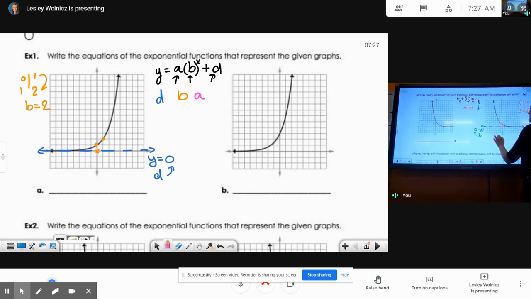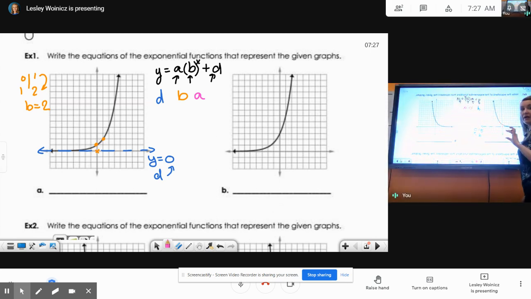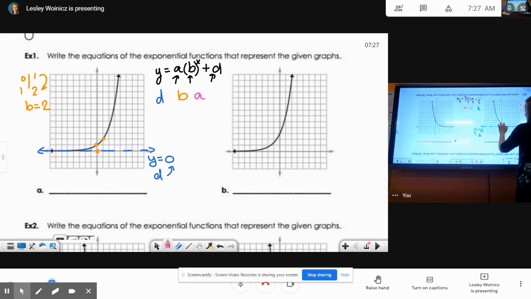Okay, last thing we need is the a value. The a value comes from our y-intercept. So we have to look at how far our y-intercept is away from the asymptote. So when I look at this y-intercept, it is 1 unit away from my asymptote.